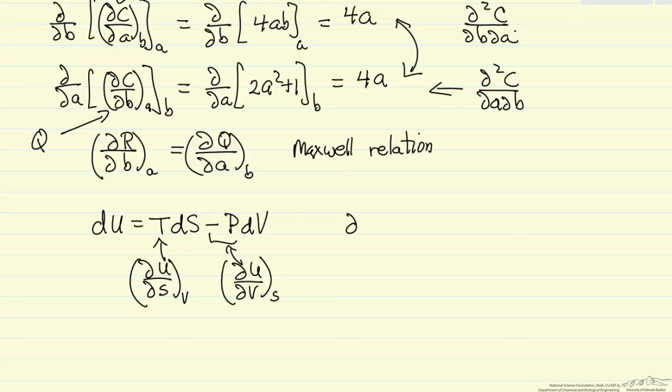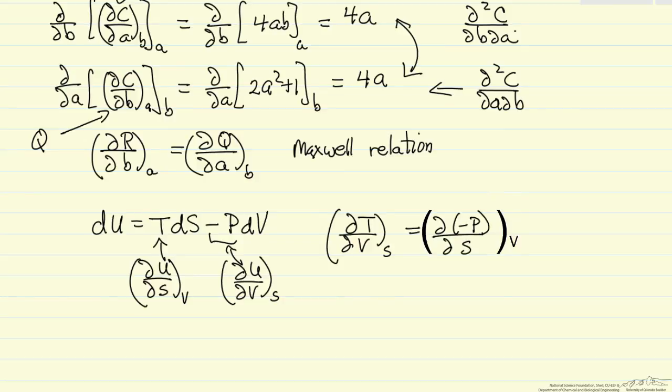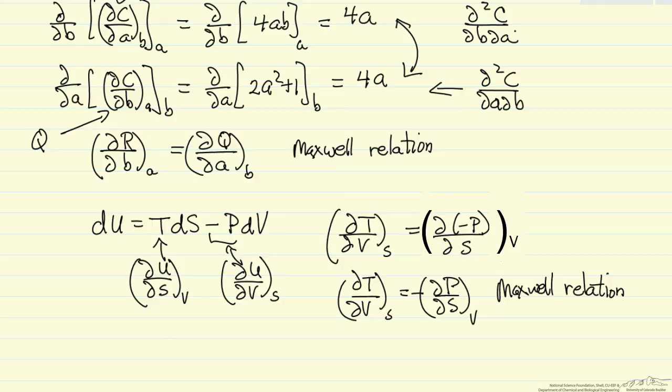The derivative of T with respect to volume, keeping entropy constant, should be the derivative of minus P with respect to entropy, keeping volume constant. So then we say the partial of T with respect to V at constant entropy is minus the partial of pressure with respect to entropy at constant volume. So this is a Maxwell relation that results from this property of exact differentials.